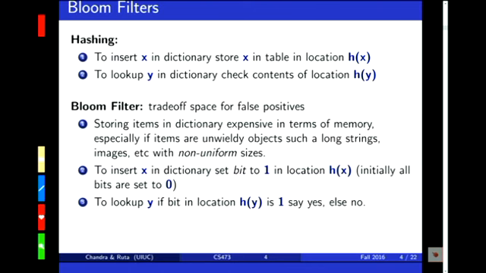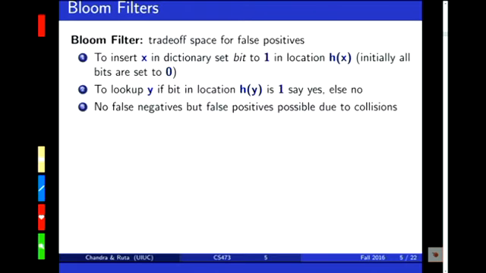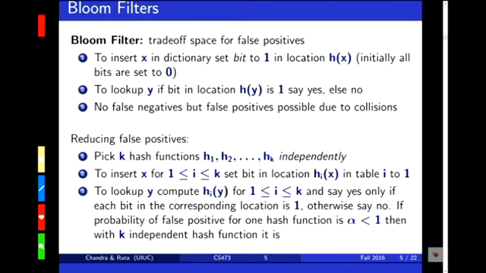Now, I want to make sure that this one-sided error is very, very low. So far we saw that there are no false negatives, but there might be false positives. Now suppose my hash function makes this error with probability alpha. How can I reduce this error? So suppose alpha is say half. How do I reduce this error to say 1 over 2 to the 10?